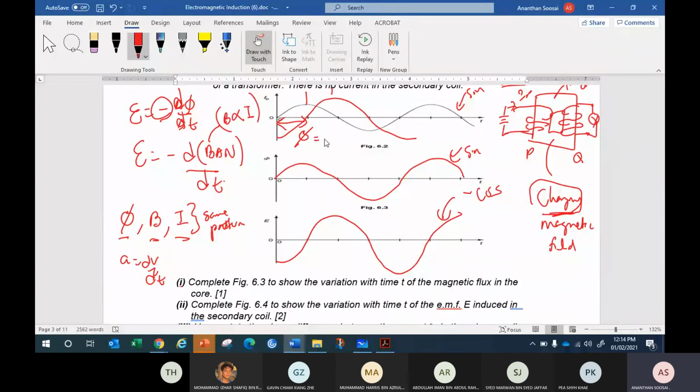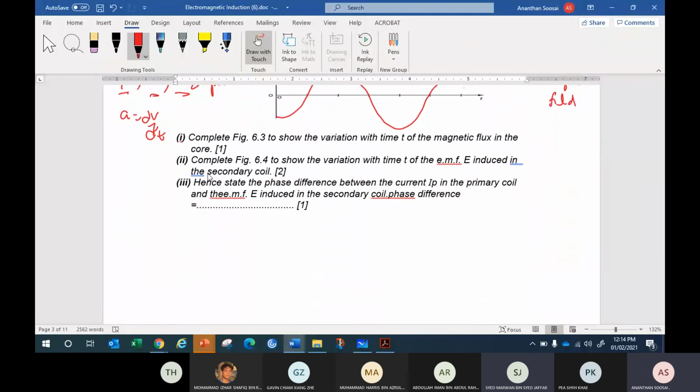Pi over 2. 90 degrees, right? Yes. The phase difference is going to be 90 degrees, or pi over 2 radian. That's the phase difference.